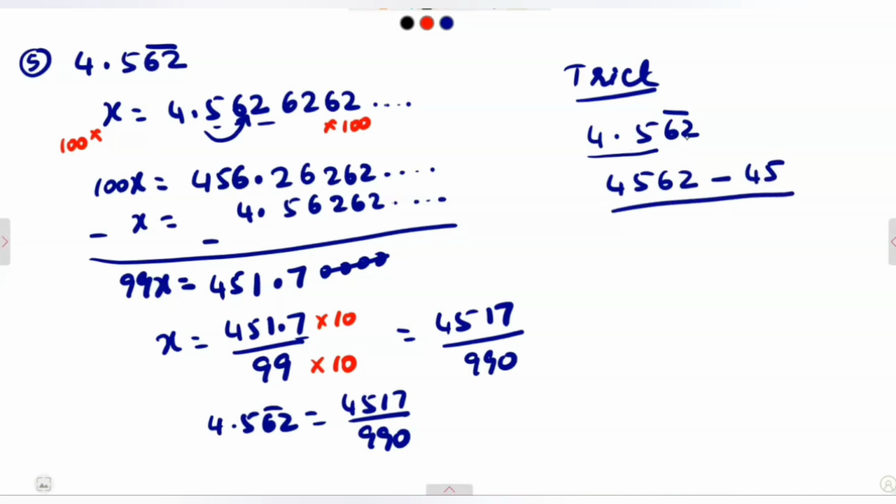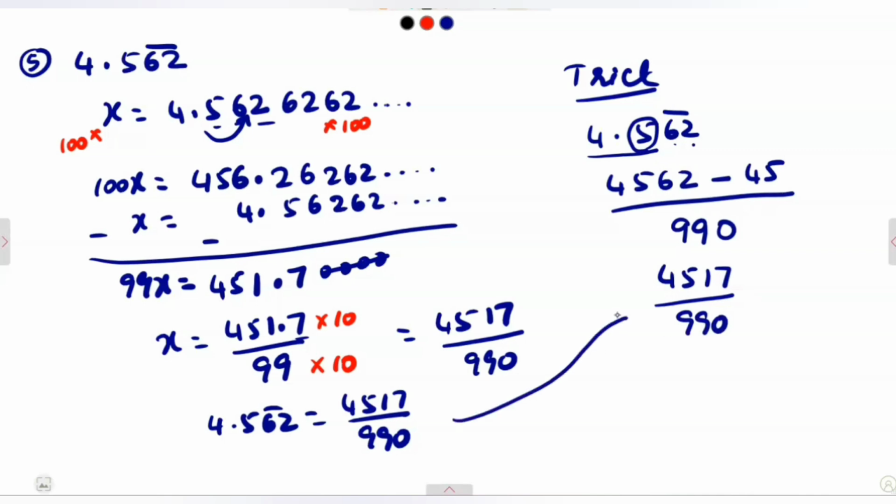Now observe carefully for the denominator: you have two digits with a bar, so two nines for that, and one digit without a bar after the decimal, so one 0. So 990 becomes the denominator. 4562 minus 45 gives you 4517 by 990, which is the same as our answer, right? So like this you can use the trick without the total process.